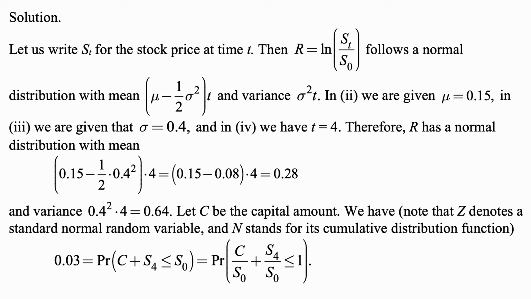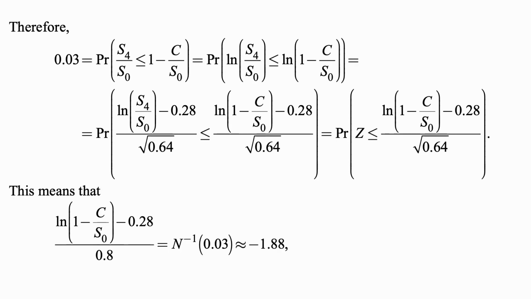But we can write that as the probability that C over S0 plus S4 over S0 is less than or equal to 1. And therefore, 0.03 is equal to the probability that S4 over S0 is less than or equal to 1 minus C over S0, so that this is the same as the probability that the natural logarithm of S4 over S0 is less than or equal to the natural logarithm of 1 minus C over S0.